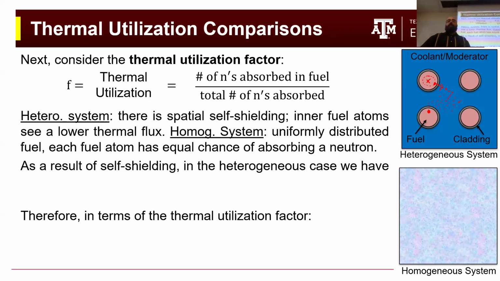So if we think about there being more self-shielding in the heterogeneous case, where I have fuel atoms in the center of these fuel elements that aren't really seeing any neutrons at all, which case is going to have less absorption?